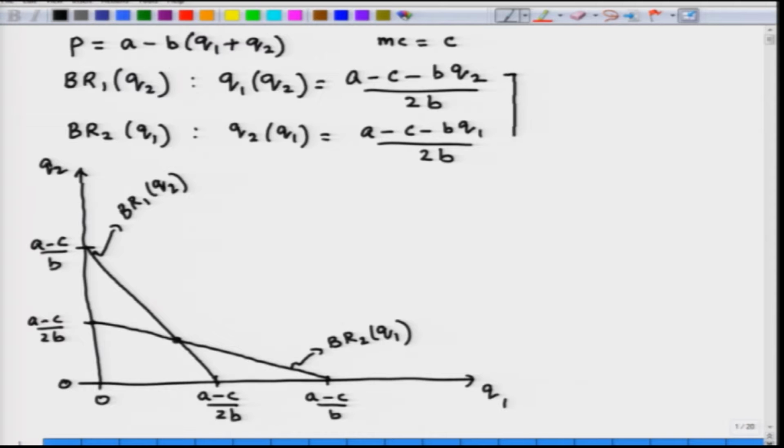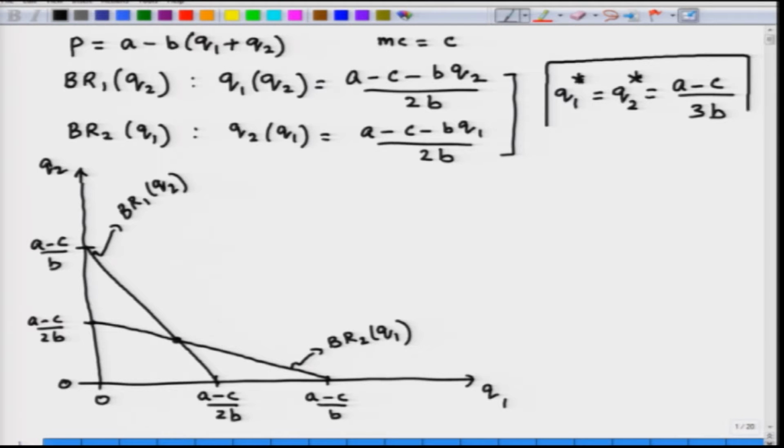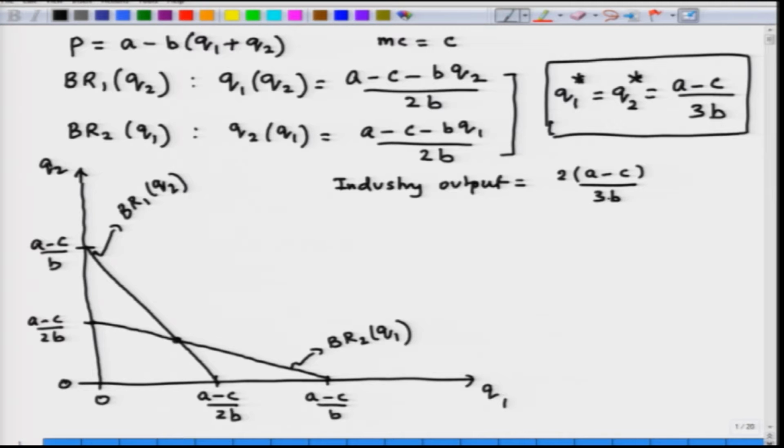We solved for the Nash equilibrium outputs, and they were Q1 star equal to Q2 star equals (A minus C) divided by 3B. So, we got this as the Nash equilibrium output, and so the industry output is Q1 star plus Q2 star, which is 2 times (A minus C) divided by 3B.